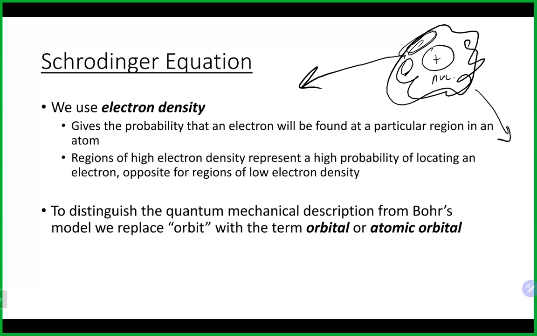So what happens with these equations is they come up with what are known as electron density maps or probability maps. And we move away from Bohr's idea of nice, pretty orbits to the idea that electrons are housed in the atom in what is known as an atomic orbital.